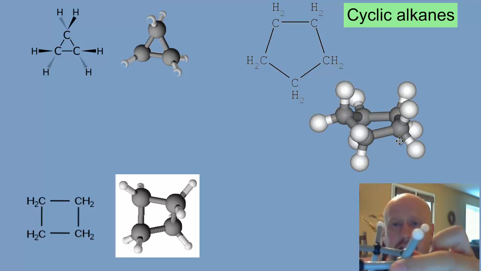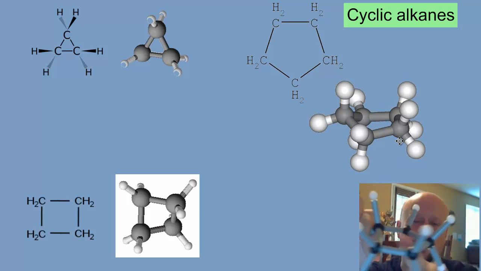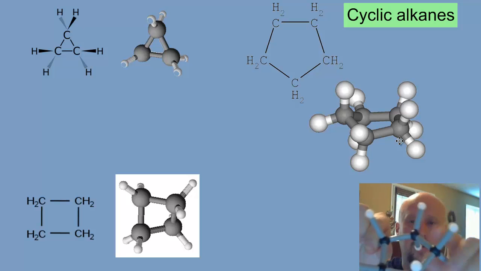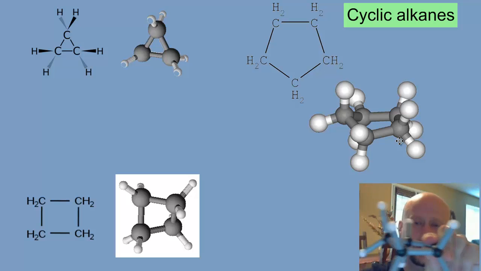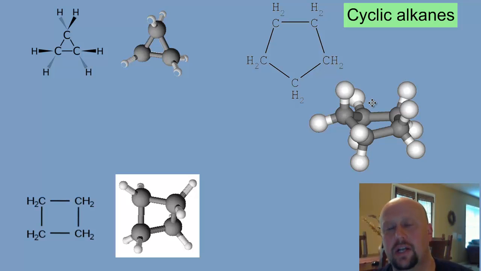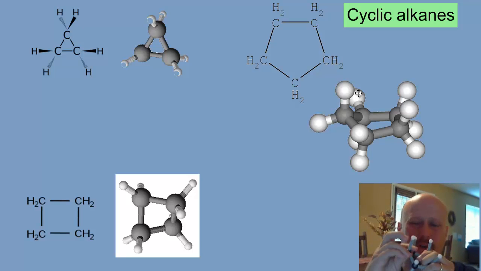And you'll again notice that you've got 4 of the carbons more or less in the same plane here, but this carbon over here is poked up a little bit, and that's the same thing we see here on the video. You've got 4 carbons somewhat in the same plane, and then another carbon sort of poked up out of the plane with its hydrogens up there. So that obviously is going to mean that the bigger we go, the more strain and the more different shapes we can have.